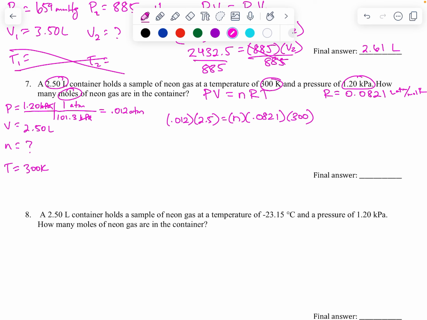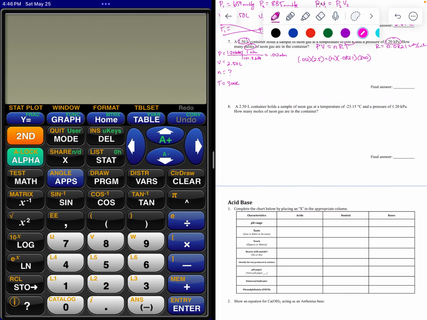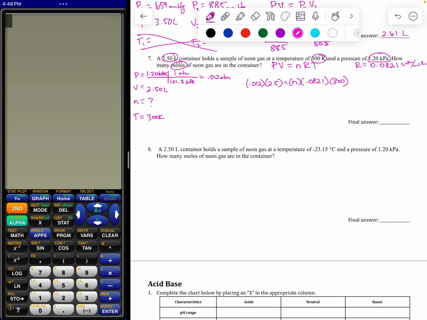Simplifying everything. Let's do this so that you have it. If we simplify, that would be 0.012 times 2.5. That's 0.03 equals 0.0821 times 300.